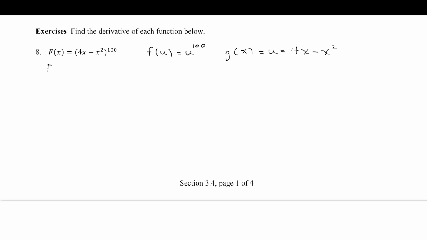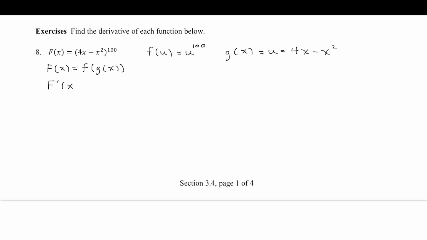So this cap F of x we can also write as little f of g of x. So we're replacing u with its equivalent, g of x, that is 4x minus x squared.